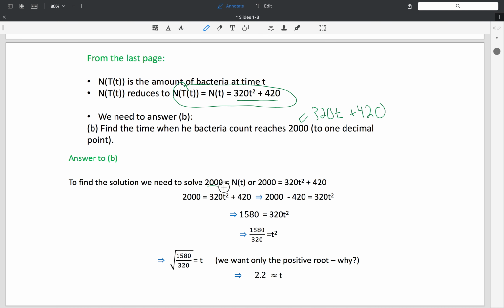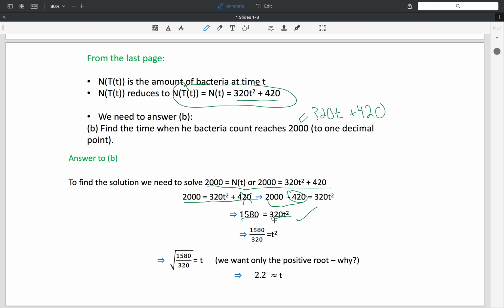So that's what I do here. 2,000 is equal to 320t squared plus 420. I subtract 420 from both sides. That goes away. So I have 320t squared equals, doing that work, 1580.